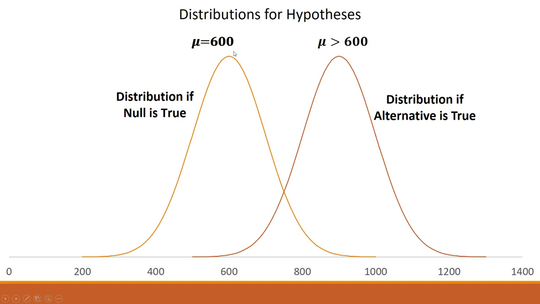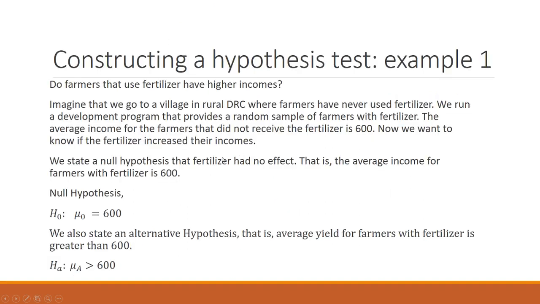So if we assume that the mean is 600, then we can create a z-statistic. We couldn't before because we didn't know what the population mean was, the mean of the sampling distribution of the sample mean. But what we're going to do in a hypothesis test is assume one, based on our null hypothesis.